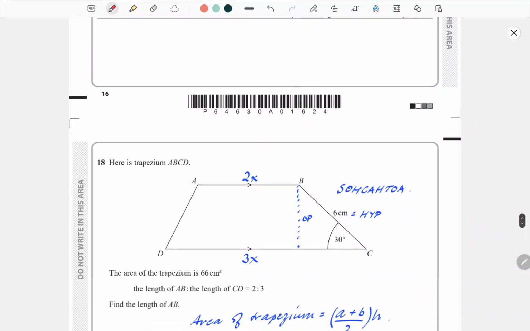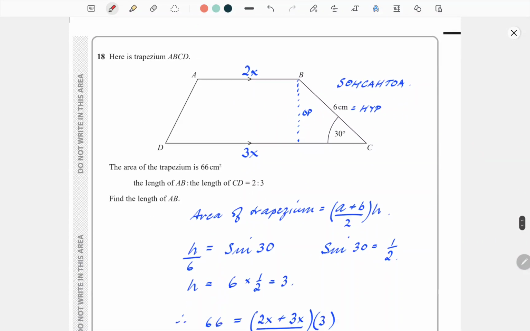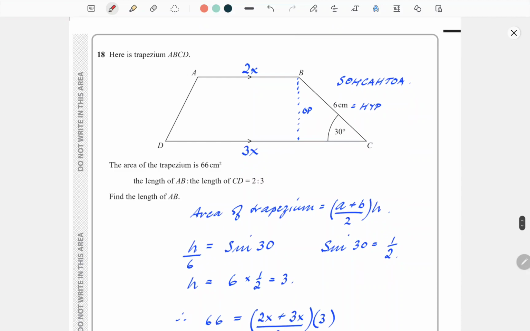All right, move on. Number 18. Now the questions start getting a little bit trickier. You've got a trapezium, ABCD, and in this particular case, they're giving you the area. Area's fine, we can work that out, but they're giving you an additional bit of information. The length of AB to the length of CD has a ratio of 2 to 3.